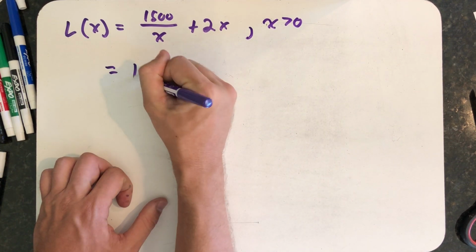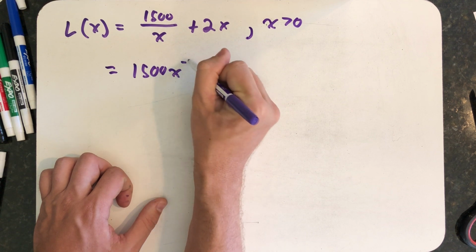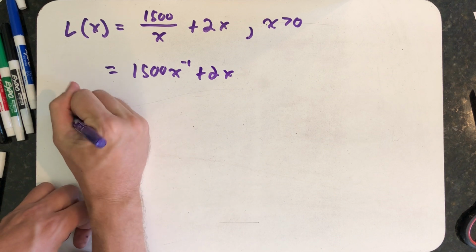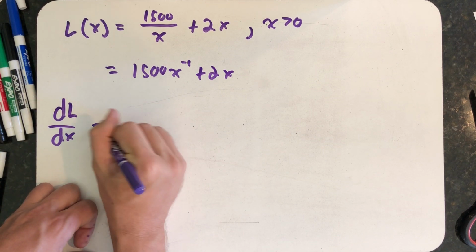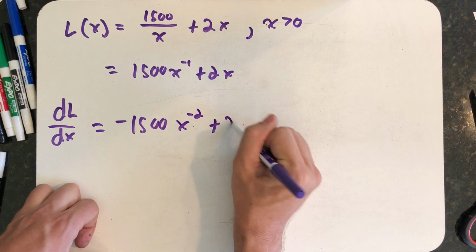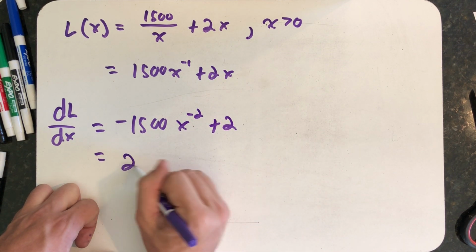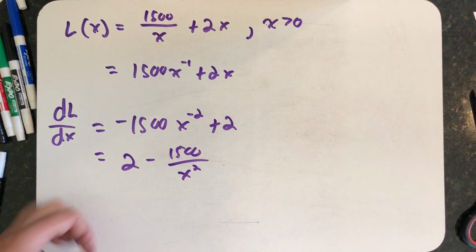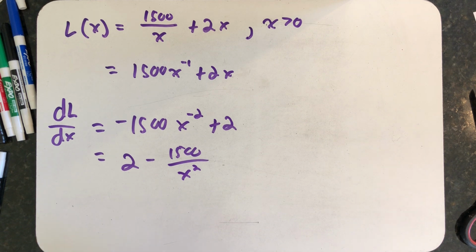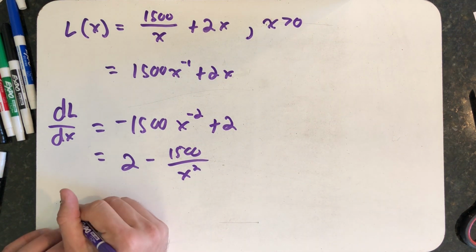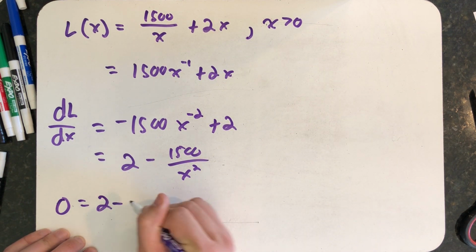All right, we're going to need to take a derivative. So I'm going to rewrite my function slightly just to make it a little bit easier. All right, let's take a derivative. So I have 2 minus 1500 over x squared. My critical points are where my first derivative does not exist or is equal to 0. Well, my first derivative does not exist at 0, but neither does my function. So let's see if we can find any other critical values.